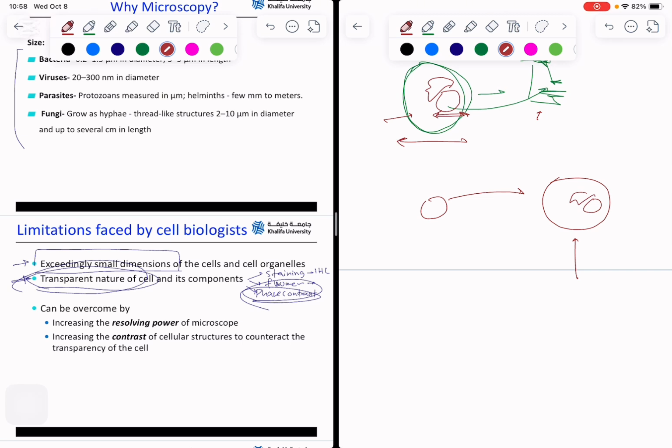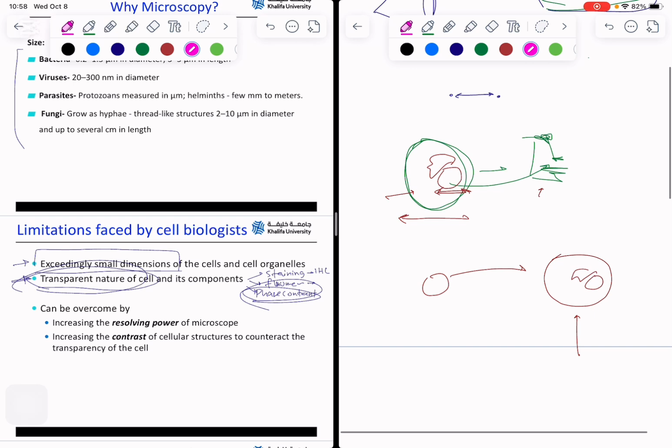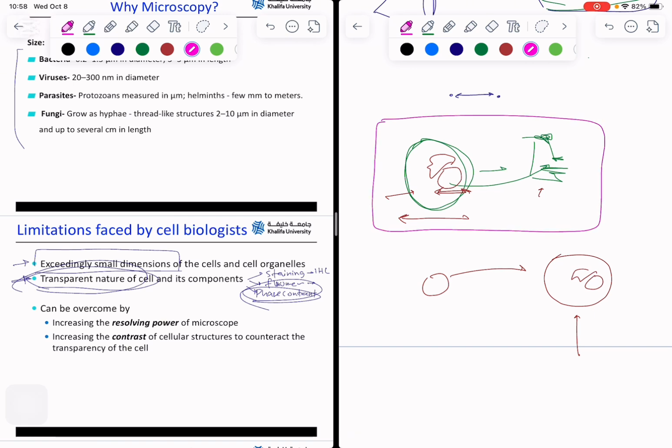So how did they fix these problems? For the first part, they said, okay, we have a problem with our dimensions. We want to actually see what's inside the cell, and that's one of the main issues.